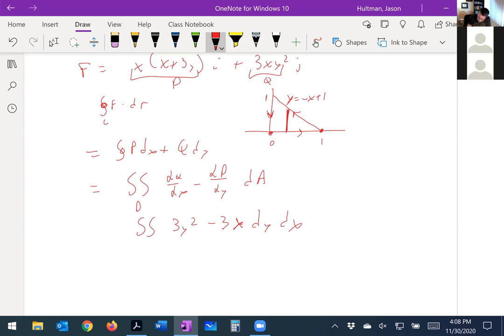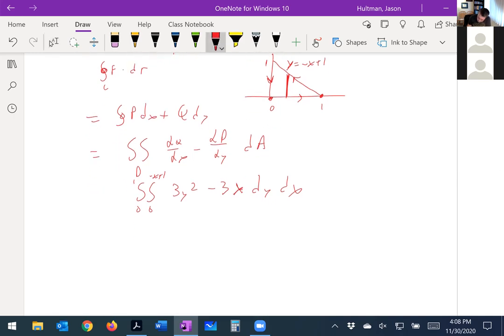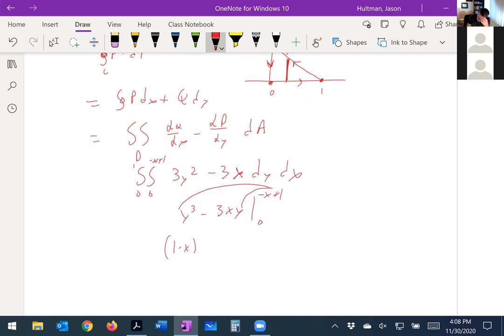So y goes from 0 to negative x plus 1, and x from 0 to 1. Integrating with respect to y, these become y cubed minus 3xy from 0 to negative x plus 1. Plug in negative x plus 1 for y, so 1 minus x cubed minus 3x times 1 minus x. I don't need to plug in the zeros because it just goes to 0.